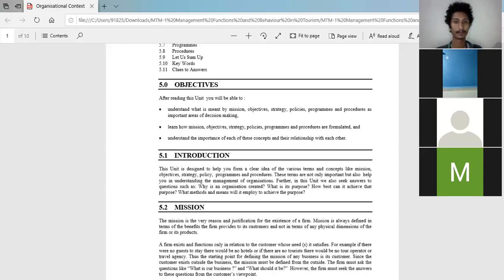Related with the decision making and starting and running of the company.